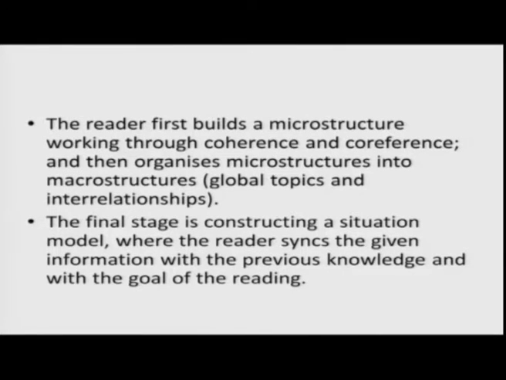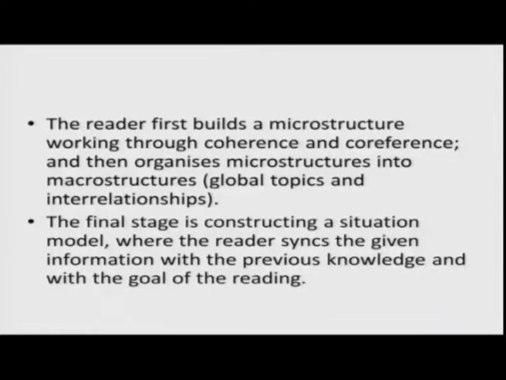The reader here first builds a microstructure, words and co-reference, connecting sentences, establishing links across sentences, establishing links across paragraphs, and then organizes microstructures into macrostructures, that is global topics and interrelationships. So, let us take an example. You are, say, reading something about Olympic Games.